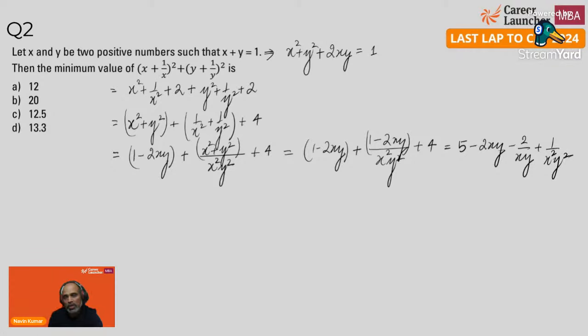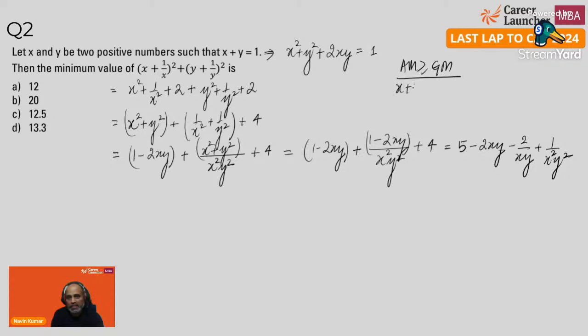Now, that x square y square component in the denominator, we should try to eliminate that. What we can do is we can start from here using AM-GM. AM is greater than or equal to GM.